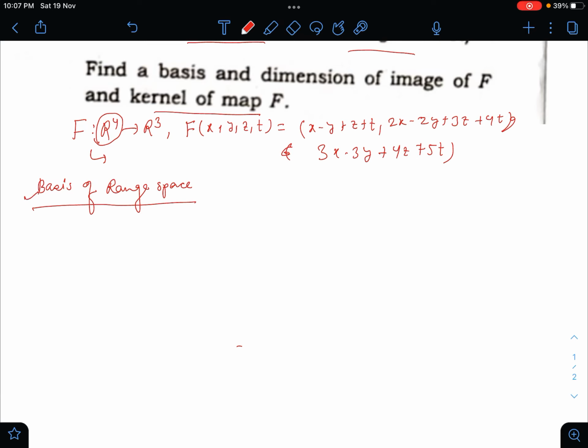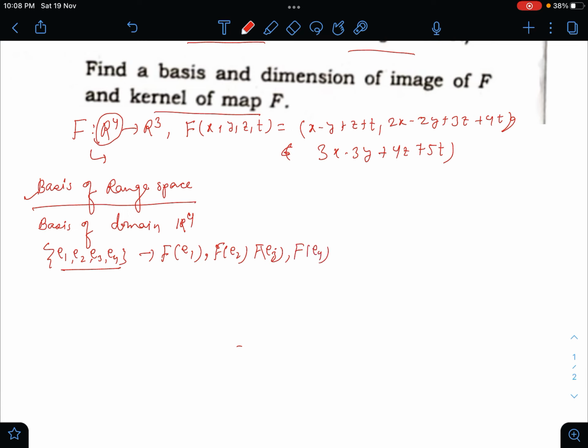That means basis of domain, that is R4, is e1, e2, e3 and e4. That is basis of R4. इसका इमेज लेंगे, that is f(e1), f(e2), f(e3) and f(e4). इसमें से जो लीनियरली इंडिपेंडेंट वेक्टर्स होंगे वो फॉर्म करेंगे बेसिस ऑफ रेंज स्पेस.